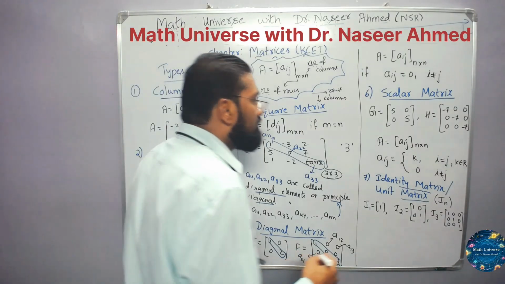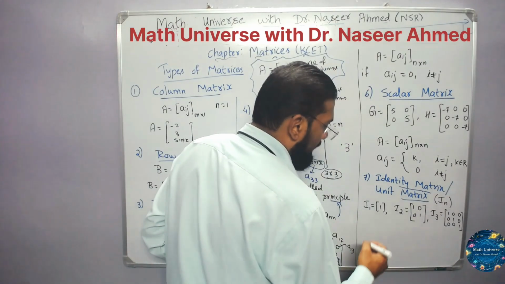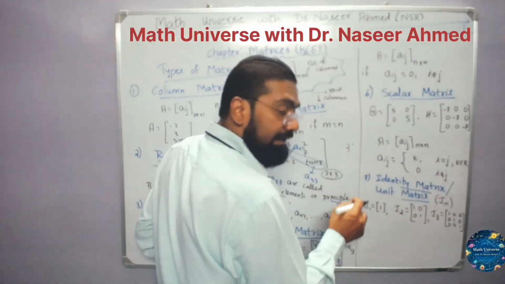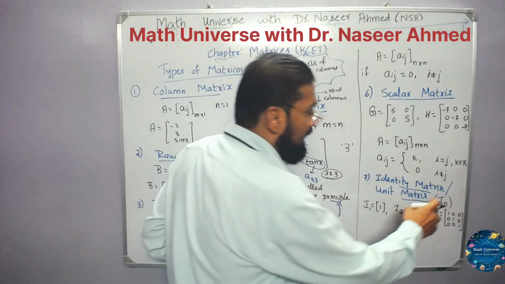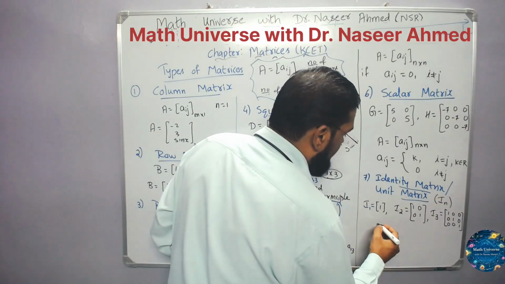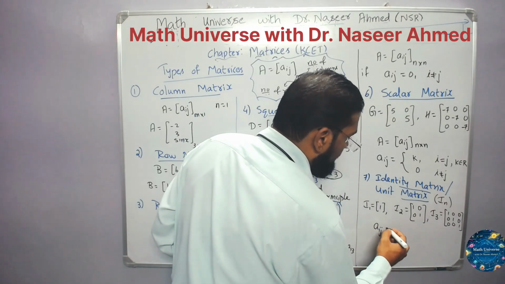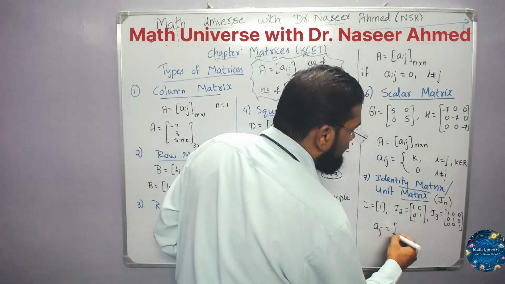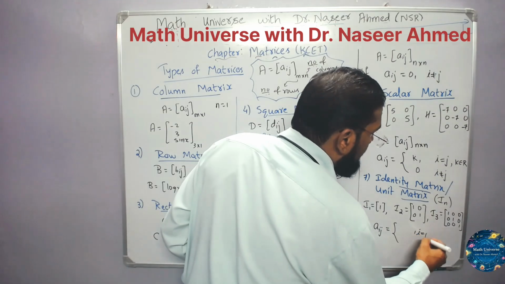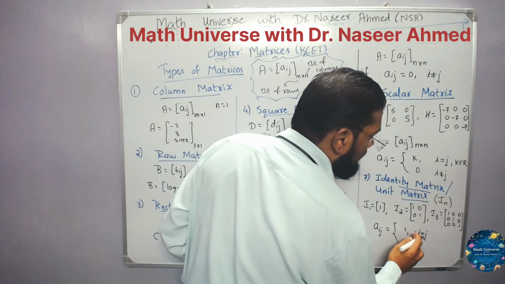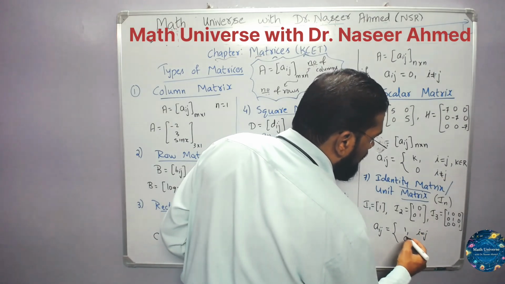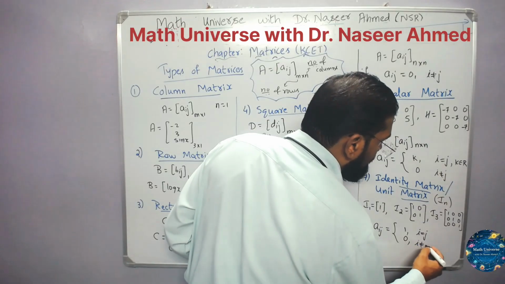Now to write the elements, since an identity matrix is always denoted by I, aij is equal to 1 whenever we talk about the diagonal element. And if I talk about a non-diagonal element, it's always equal to 0.